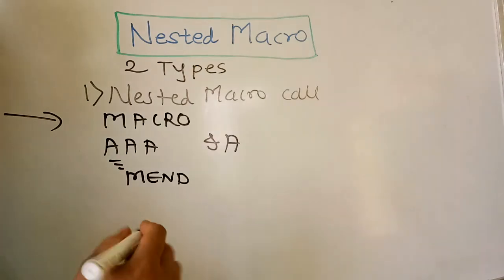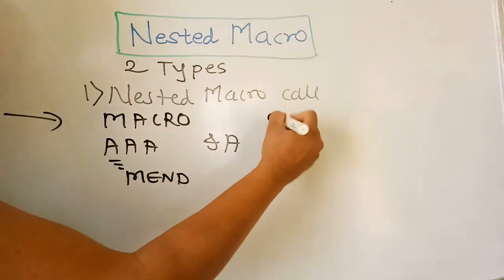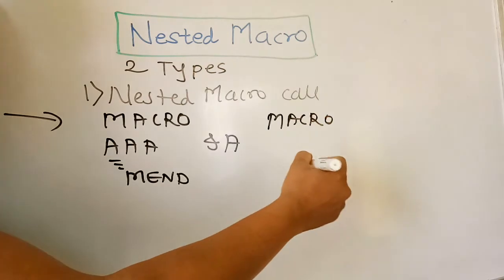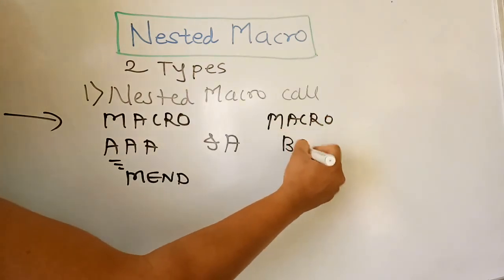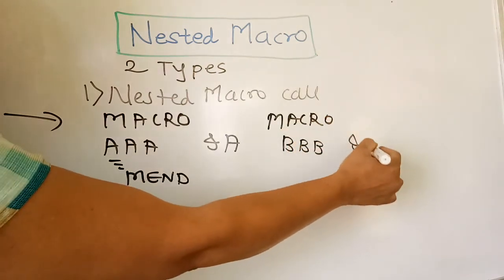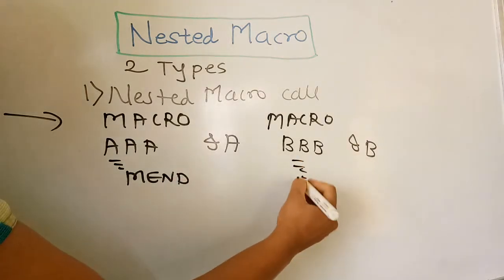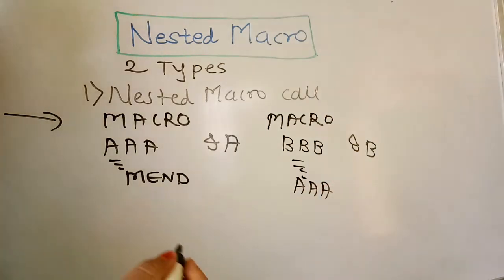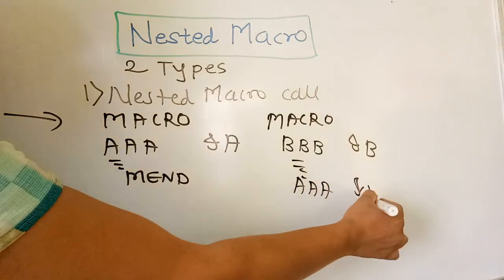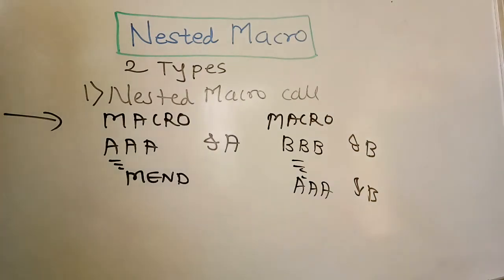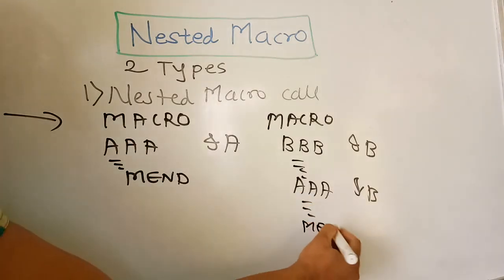Now, suppose we start another macro and write BBB as another macro having the parameter &B. Then, in this second macro, BBB, we can call the first macro, AAA, passing the parameter to it which is accepted by the BBB macro.